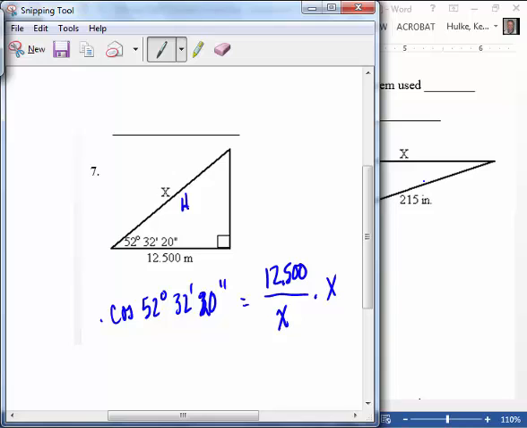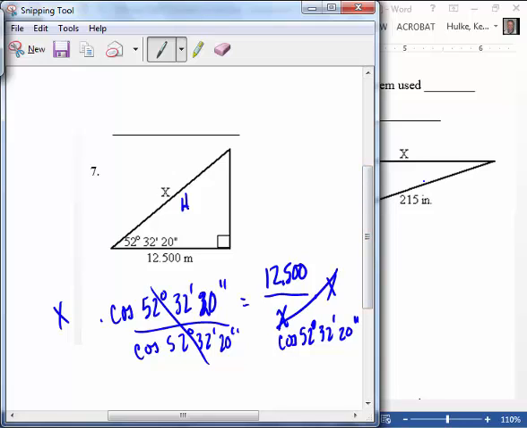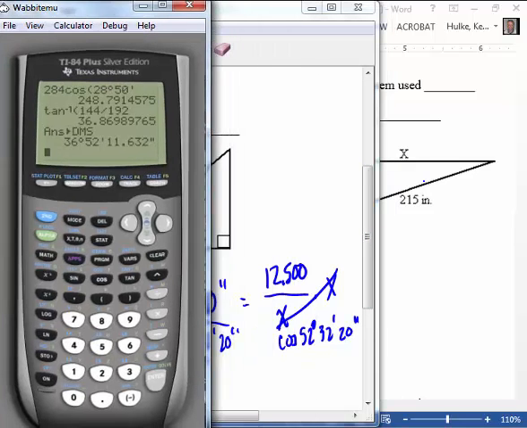Multiply both sides by x and divide both sides by cosine 52 degrees, 32 minutes, 20 seconds. Those cancel, these cancel, and so we get x is 12.5 over cosine.